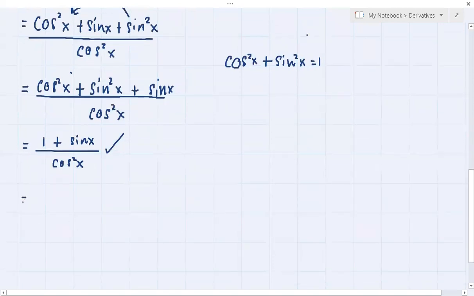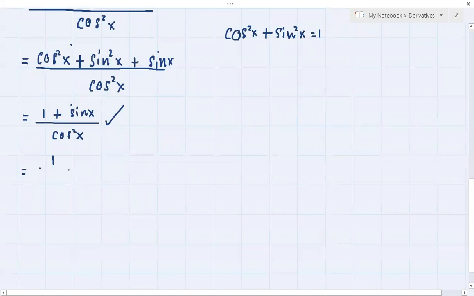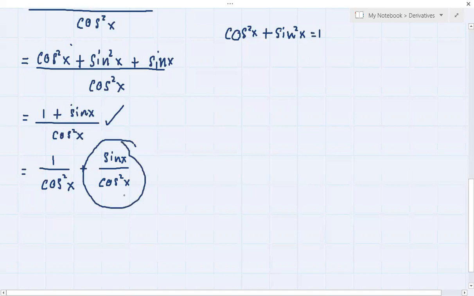So what I'll do here is decompose this whole fraction into two fractions. So I can have 1 all over cosine squared x plus sine x all over cosine squared x. Then in the second term, I can separate the factors of cosine squared x.